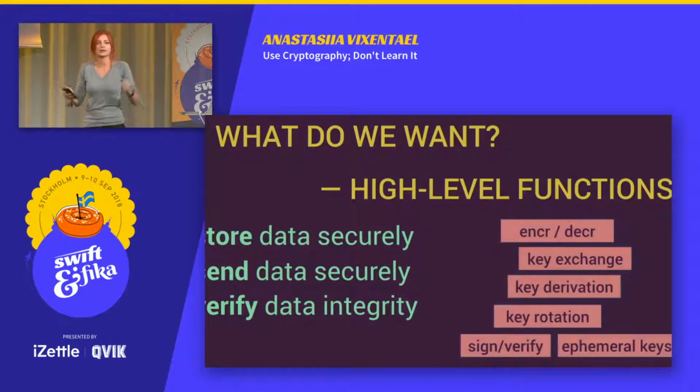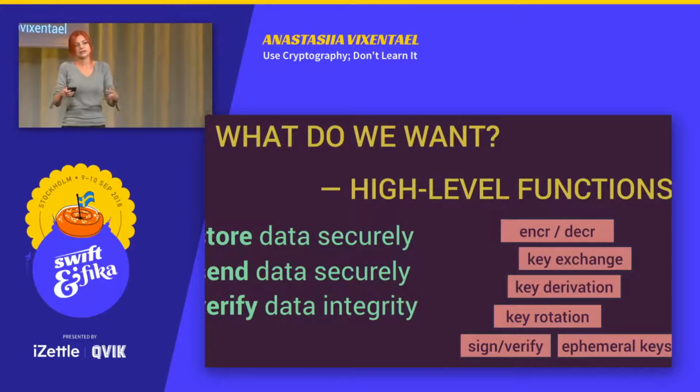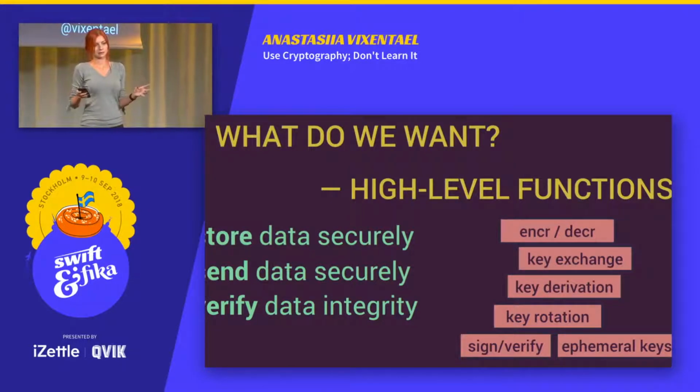However, of course, each high-level function hides a lot of crypto details, with correct parameters and key management procedures, but I believe that we as engineers don't need to spend time and focus on understanding cryptography. We need to solve our problems to protect user data easily.